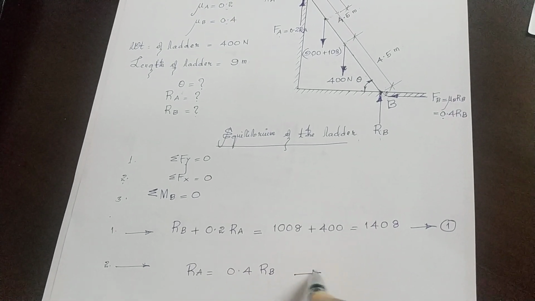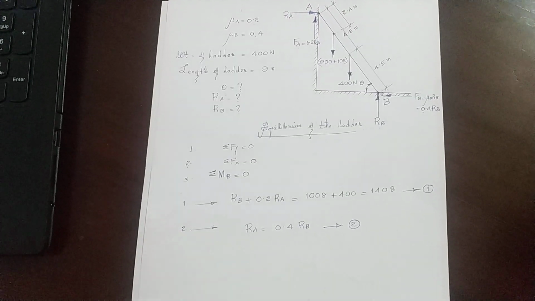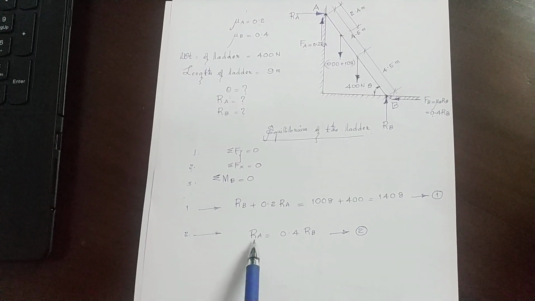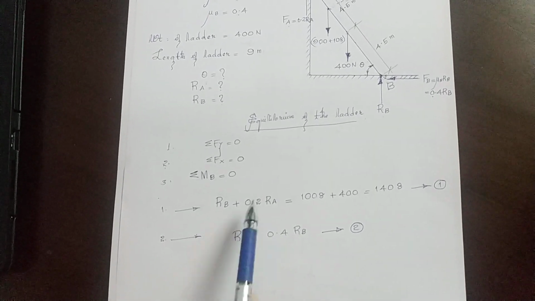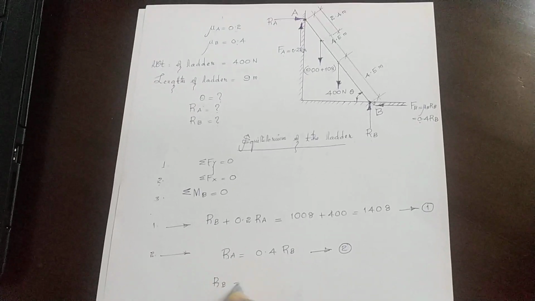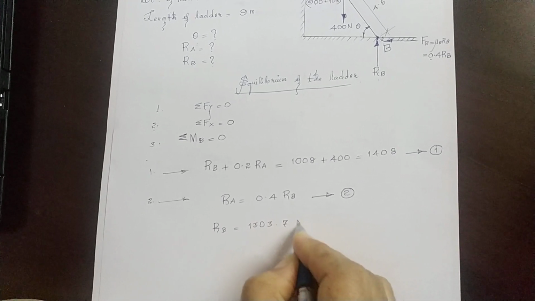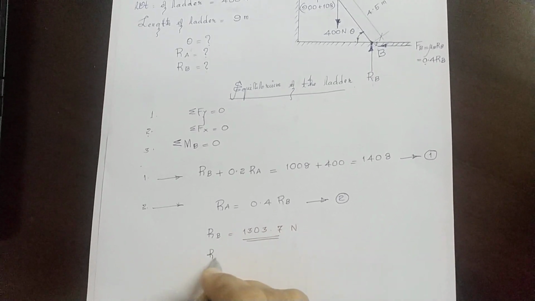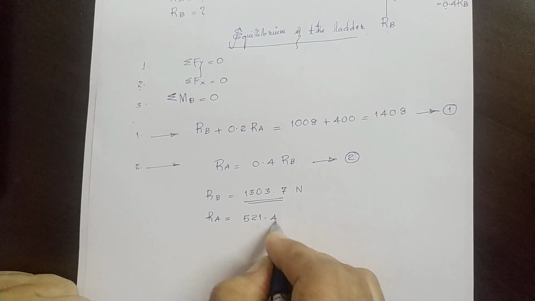That is your second equation. Now, substituting the value of RA as 0.4 RB in equation 1 and solving, you get RB is equal to 1303.7 Newton and RA is equal to 521.48 Newton.